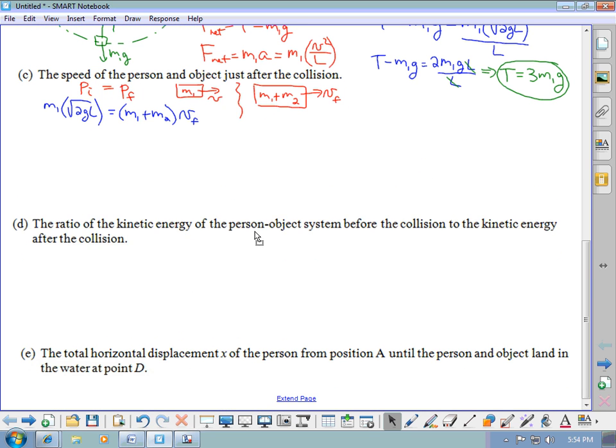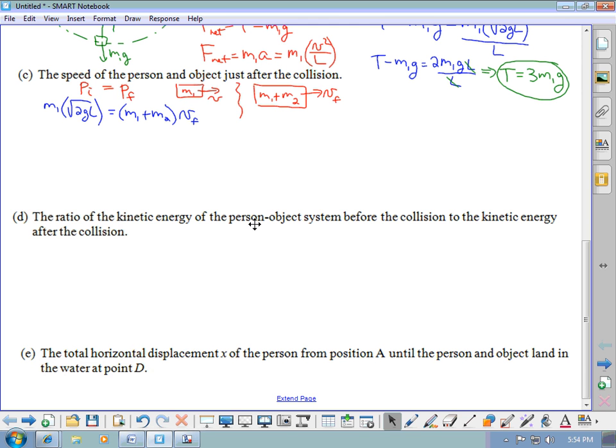Rearranging that and solving for v final, we get that v final is m1 times the square root of 2gL, divided by the quantity m1 plus m2.